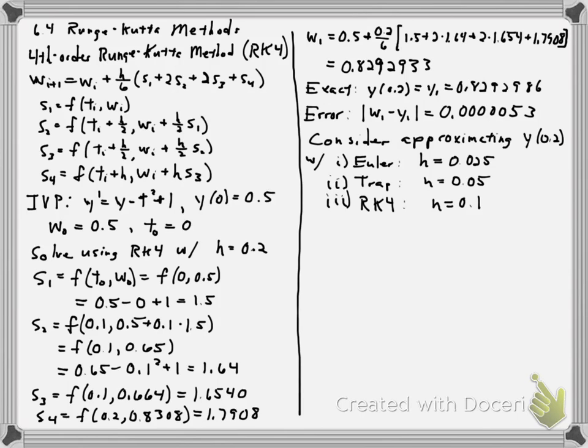And the thinking for using these different step sizes is this. If you recall, Runge-Kutta fourth order has 4 function evaluations per step, so there's 4 times as much work as Euler's method. So to make an apples to apples comparison between Runge-Kutta fourth order and Euler's method, if we cut the step size by a fourth, the Euler's method under this scenario with h equals 0.025 and Runge-Kutta method using a step size of 0.1, we're doing 4 function evaluations for Euler's method to arrive at y of 0.1.